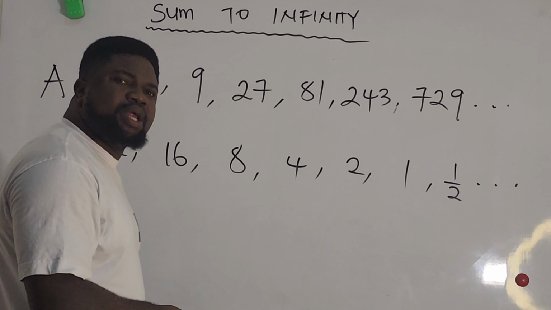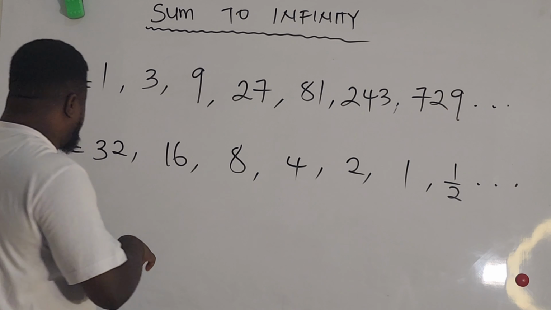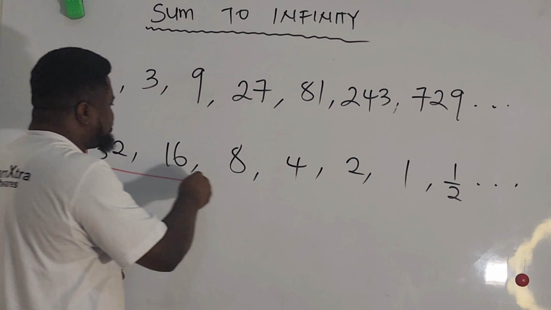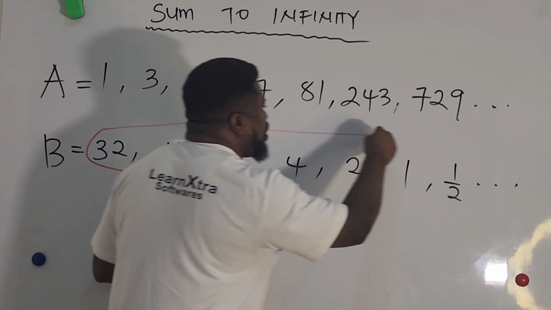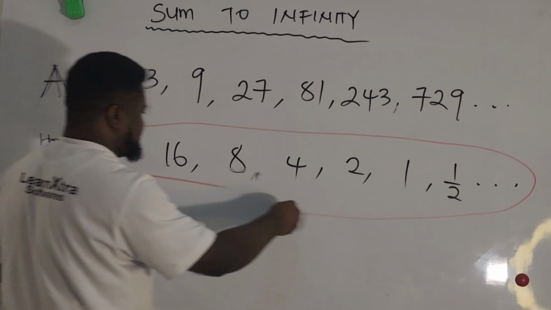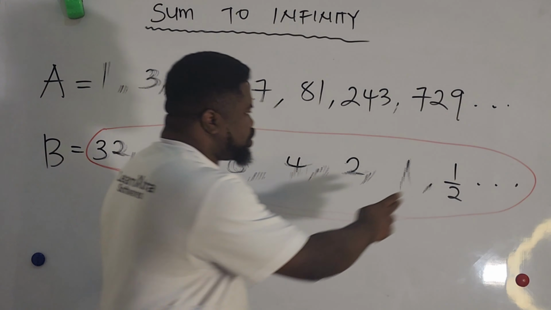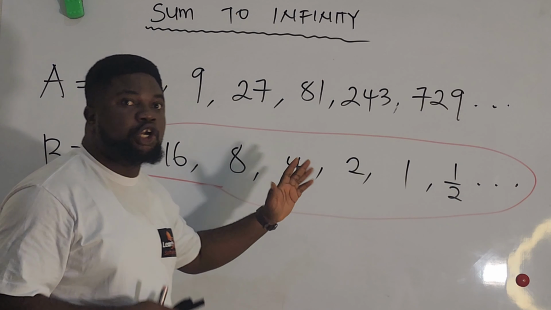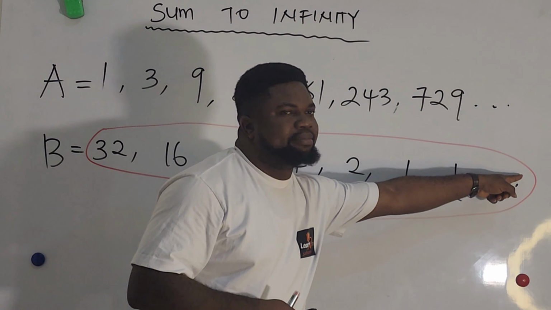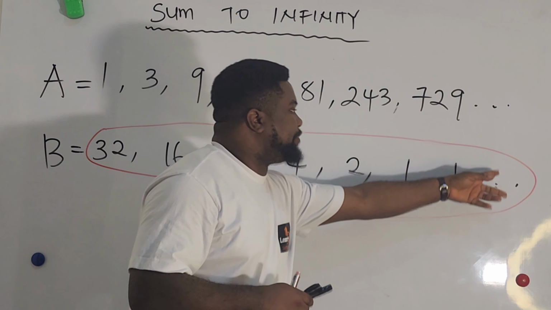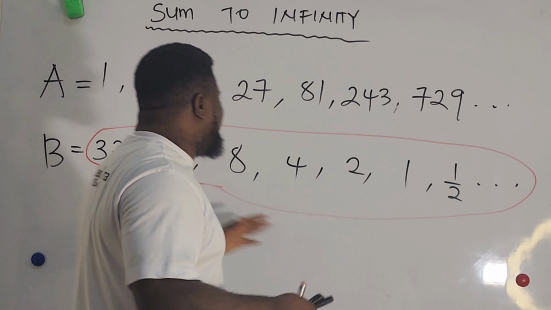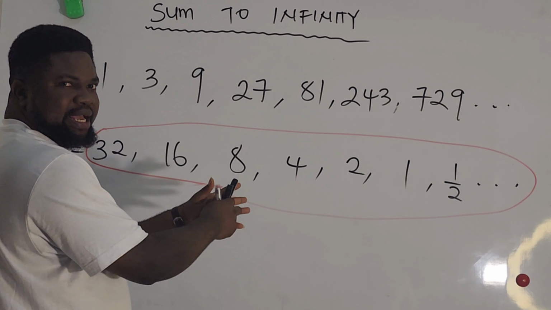And when a GP is converging, it means that we can add all these terms together, including the subsequent terms. Like my next term should be 1/4, 1/8, 1/16. I can add everything together.